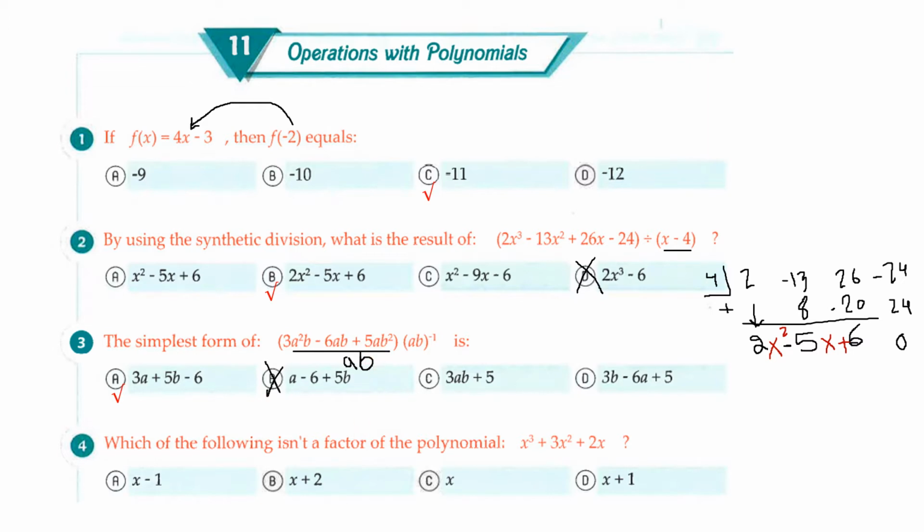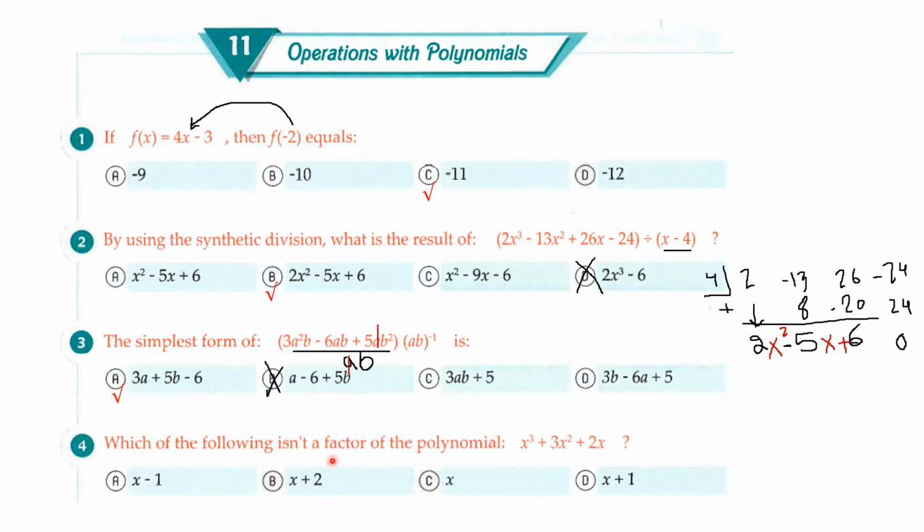The A will cancel the A, and the B in the denominator will cancel one of the B's in the numerator. So I'm left with 5B. And this is all proving that the answer is A, which we got way earlier from the first step, because I knew the first answer is 3A, and nothing else has 3A in the answer, right?